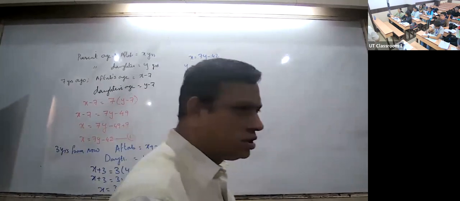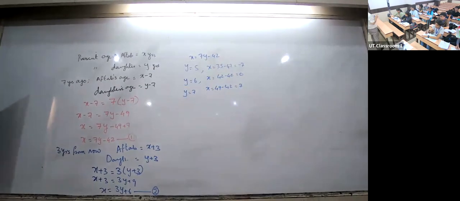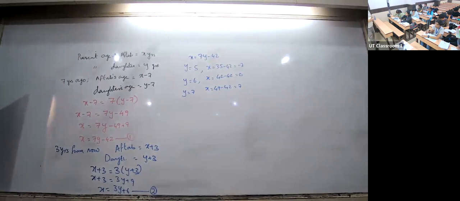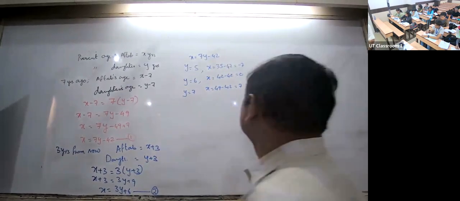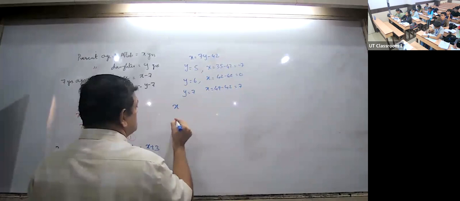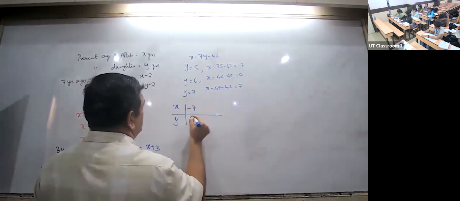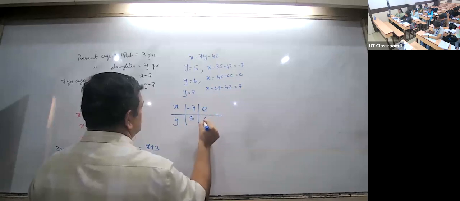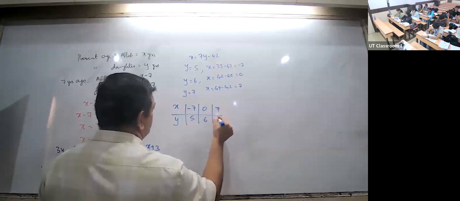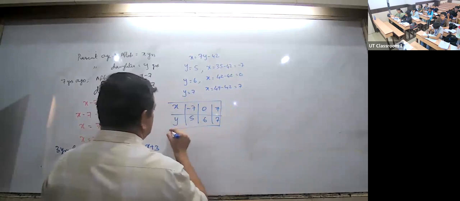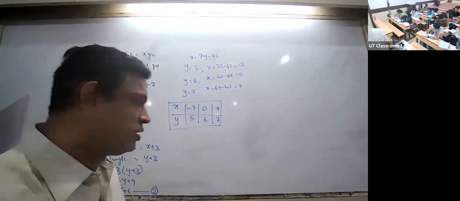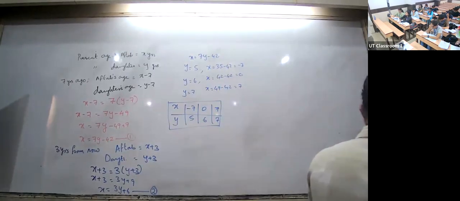Try to think and do it. I can take 0 and 42, but drawing the graph is difficult. So we got the first values. x value is minus 7, y value is 5. Be careful while writing 0, 6. Still there are people who have confusion on how to do it. Whenever the confusion is there, you tell me, I will explain, not to worry.